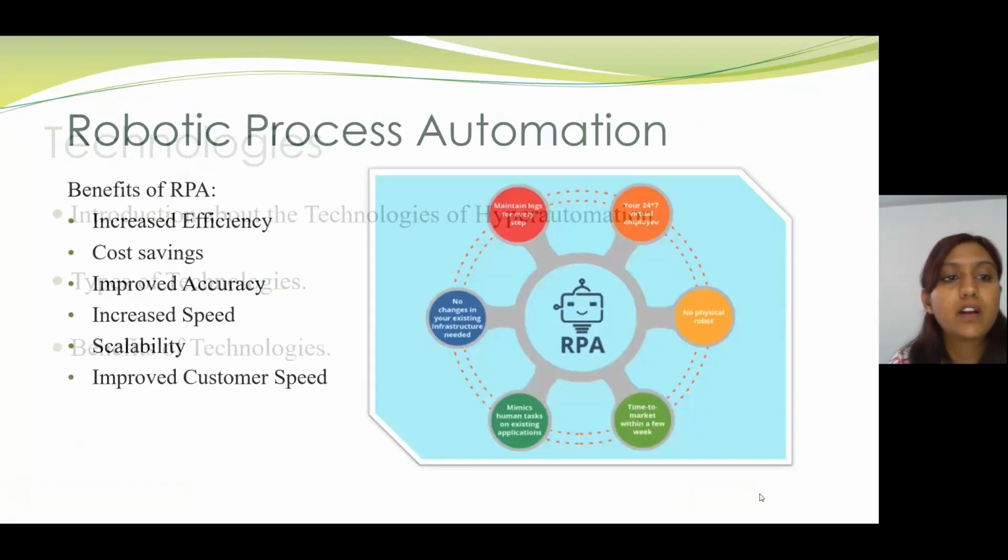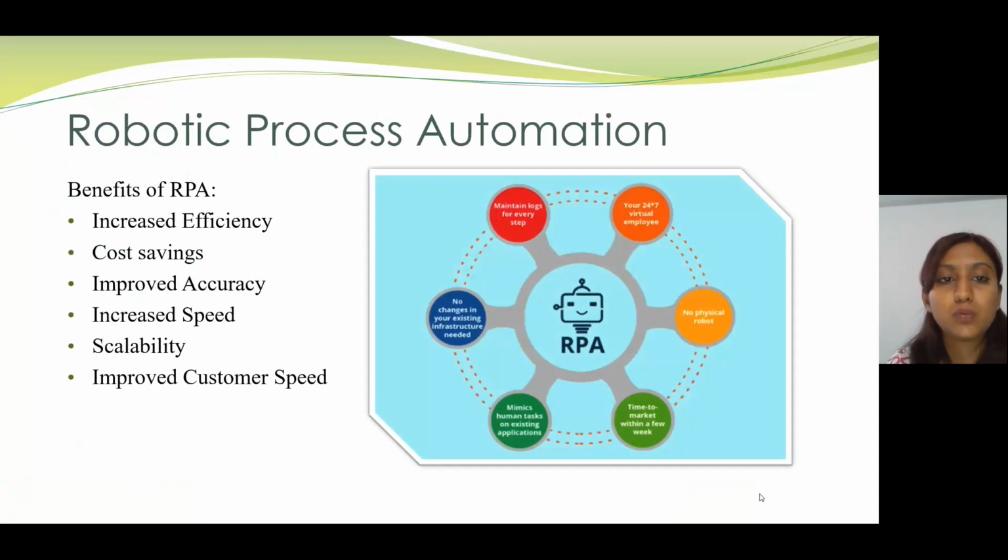The first one we have taken is robotic process automation. It's a software technology known as robotic process automation. It handles ordinary, repetitive, and rule-based business activities, where data entry, data processing, record keeping, and other repetitive operations can be automated by RPA.